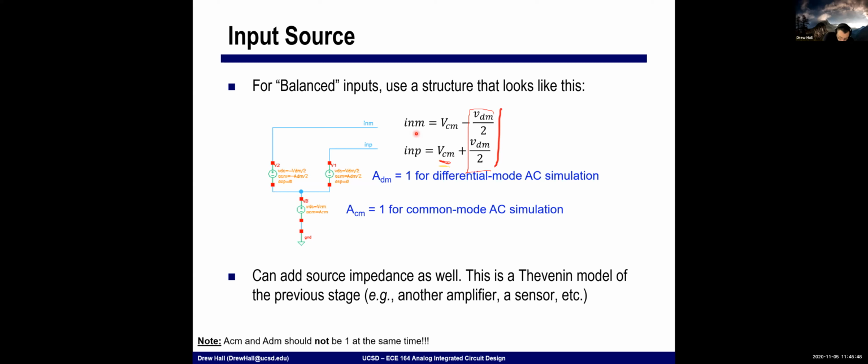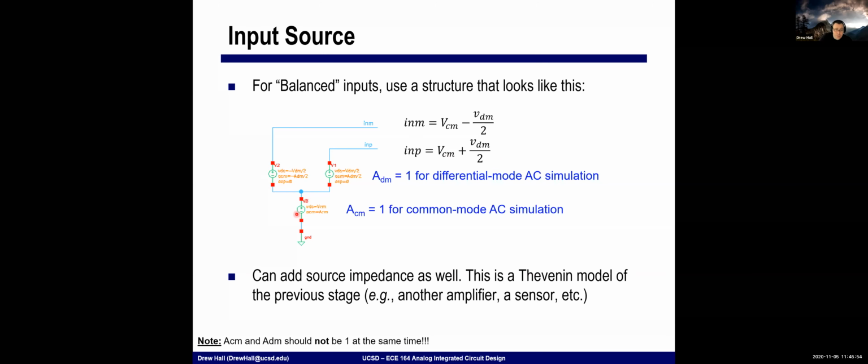Okay, so that's what's called a balanced input. And so what we've done here is I've created these 3 voltage sources to do this. And if you look very carefully, you'll see that I set the DC voltage of this one to be minus VDM divided by 2.